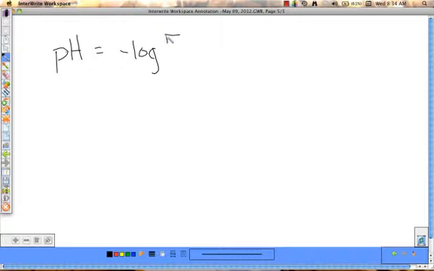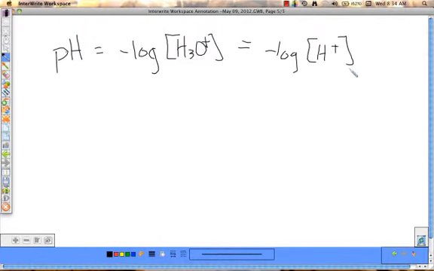Negative log of the hydronium concentration. I'll give you these equations on a sheet. Sometimes you could see it be negative log of just the H plus. It means the same thing. H3O plus and H plus are interchangeable.